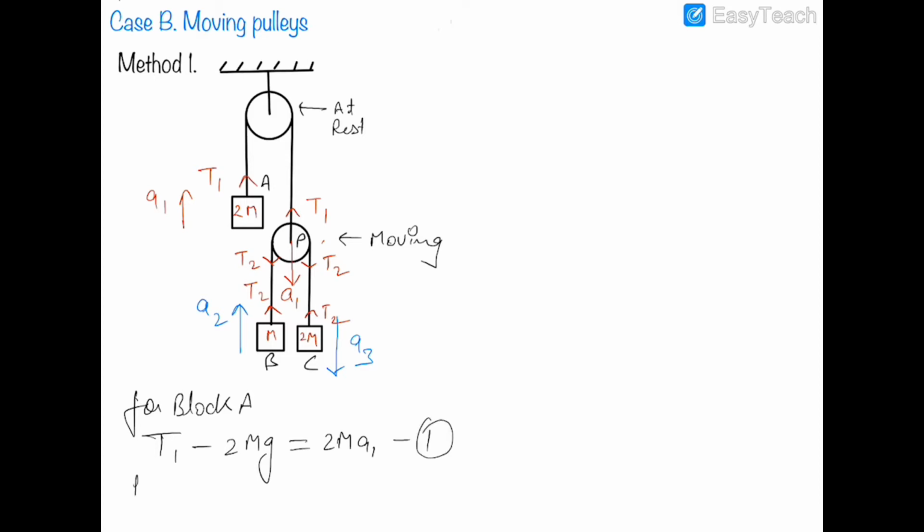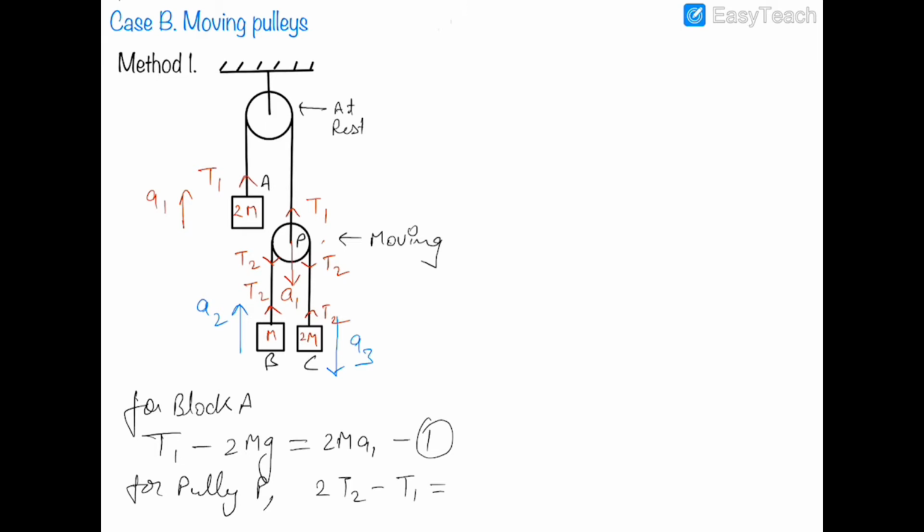Now for pulley P, I'm writing the equation that the force 2T2, this T2 and this T2, is acting downwards and the pulley is moving downwards. So 2T2 minus T1 is acting upward and it is equal to MA.